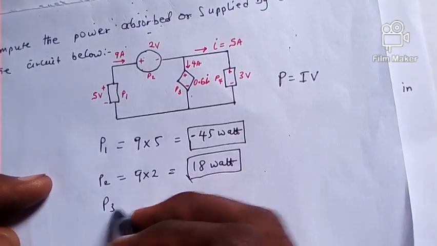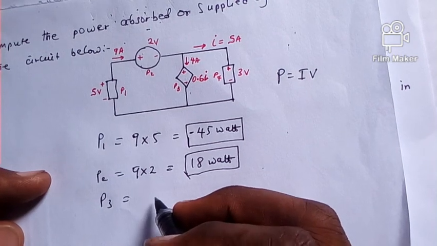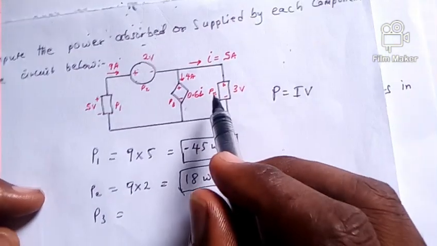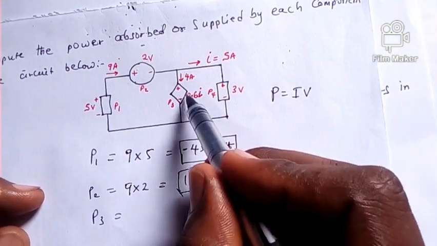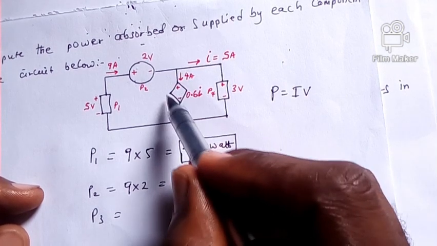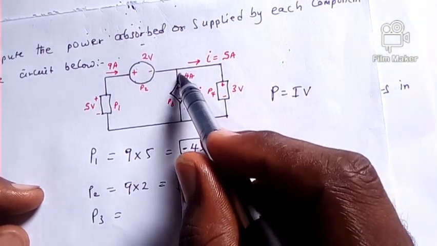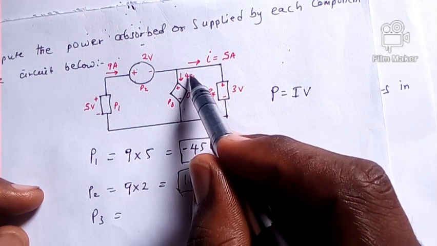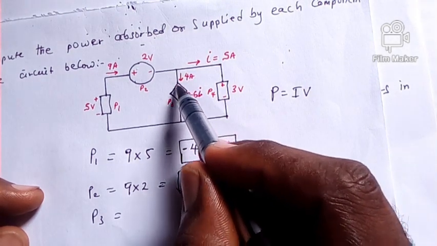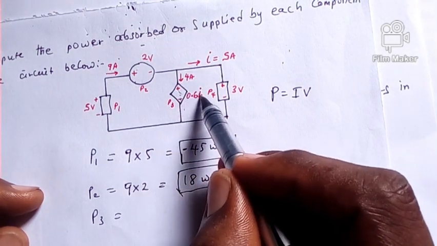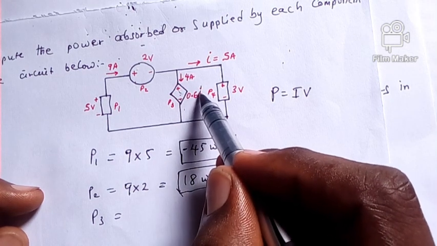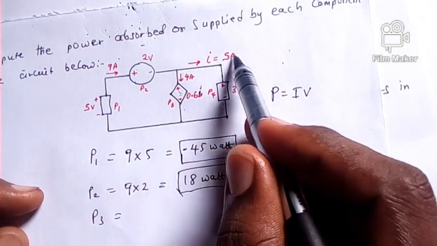So we look at power 3. Wow, power 3 is a lot different here. We don't know the voltage that this power 3 has, but we know the current flowing through it is 4 ampere. The voltage is determined by a current I, which was given to be 5 amp.